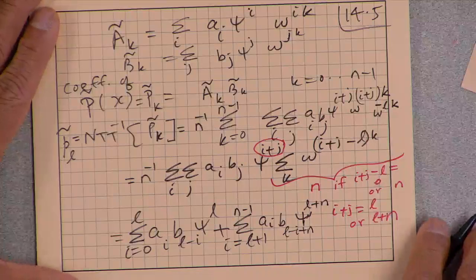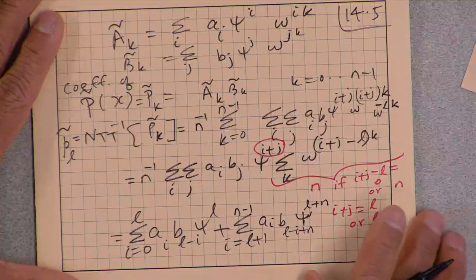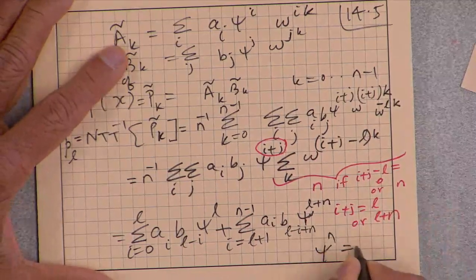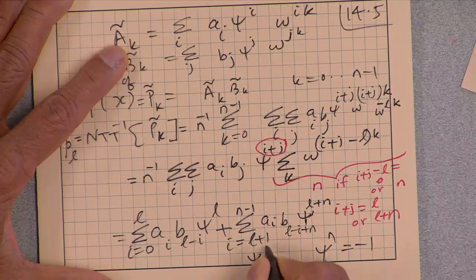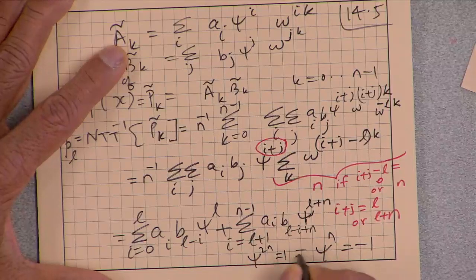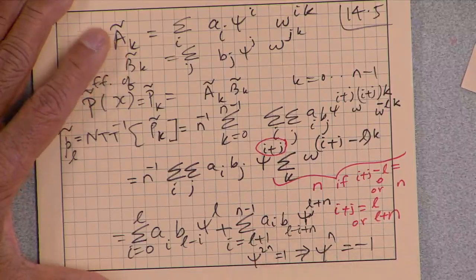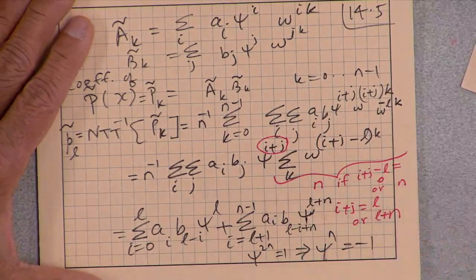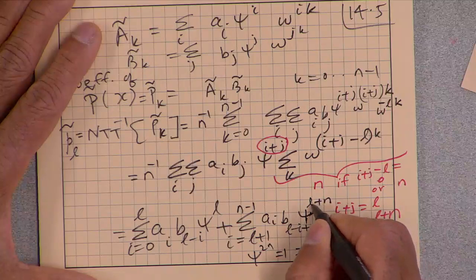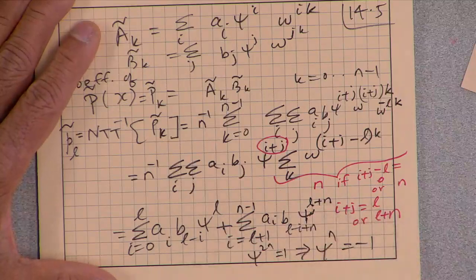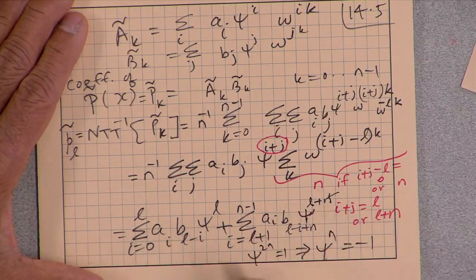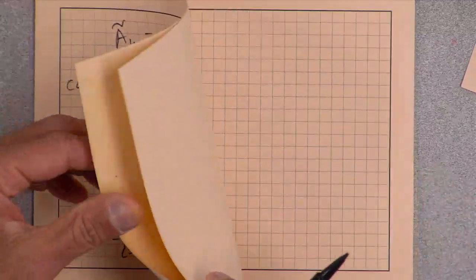Okay, so now I can recall that psi to the power n is minus 1. Remember, psi to the power 2n is 1. And that means psi to the power n will be minus 1 mod q, still minus 1. And that psi to the power n here is minus 1, so that plus becomes minus. Psi to the power L in both places will come outside a bracket.